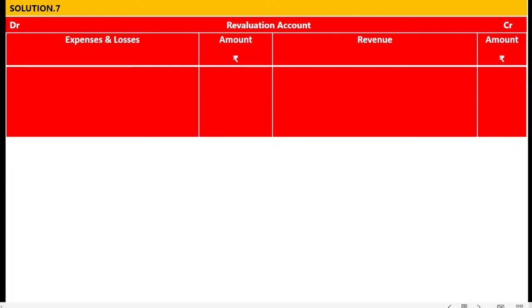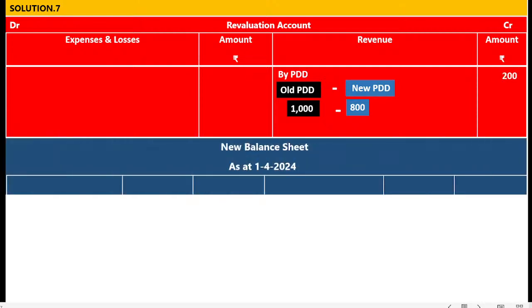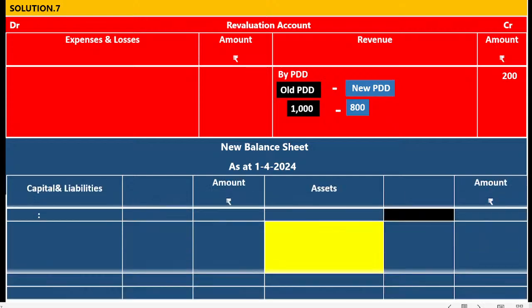Journal entry is PDD account debit to revaluation account. Revaluation account is credited by PDD. Old PDD minus new PDD. Old PDD in the old balance sheet 1000, that is in the question, minus new PDD is 800, that is given in the question adjustments. Net decrease is 200.